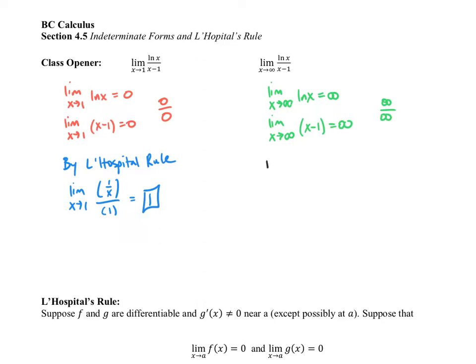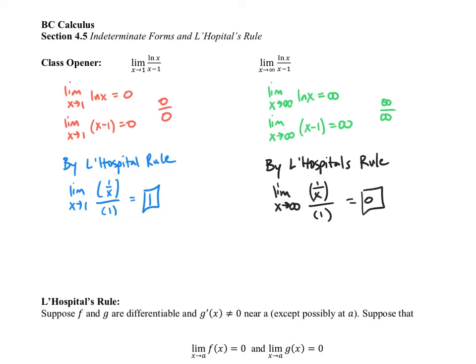So in this case, we do the same thing. We have L'Hopital's rule, and we have our limit as x goes to infinity, and we take the derivative of the numerator, derivative of the denominator, and we have 1 divided by infinity, which is equal to 0.